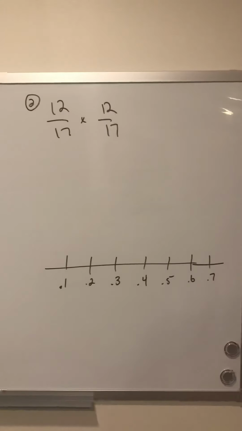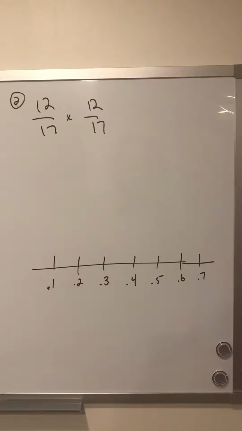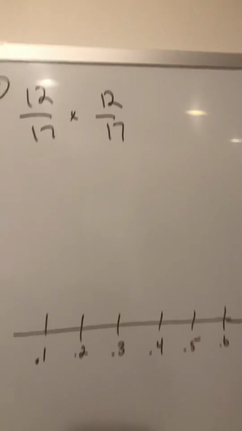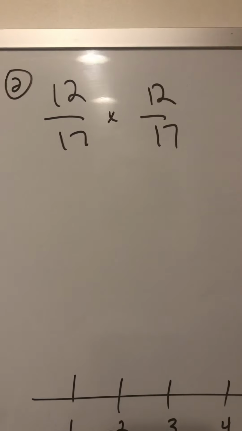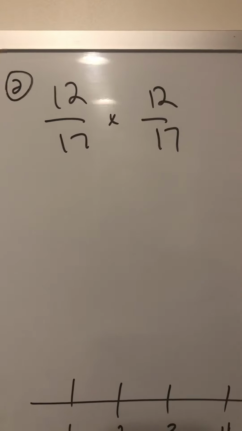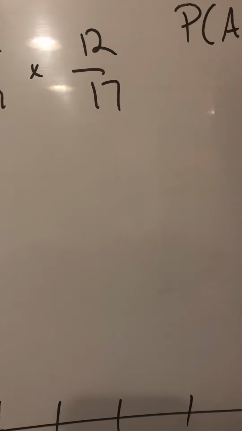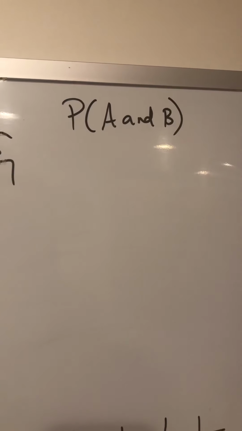Okay, for number 2, probability that someone likes pizza or has a job, okay? So the probability that both happen is the probability that they like pizza and have a job. That's known as P of A, B, probability of event A and B happening.